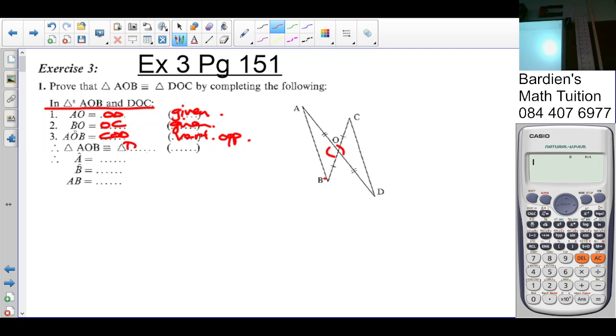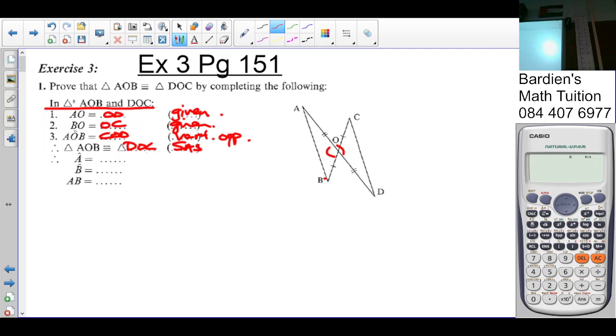Why? Side, angle, side. Remember, for that condition, if you have two sides, it must be the included angle. We're using the case of side angle side, it must be the included angle.